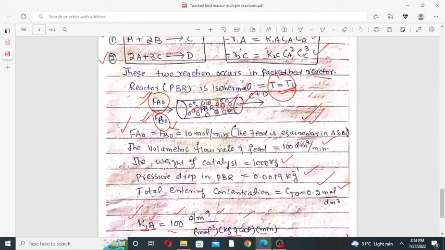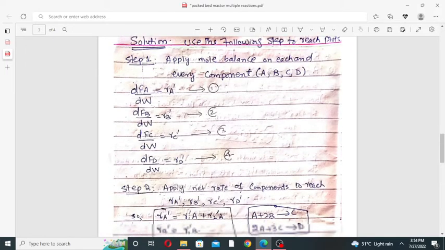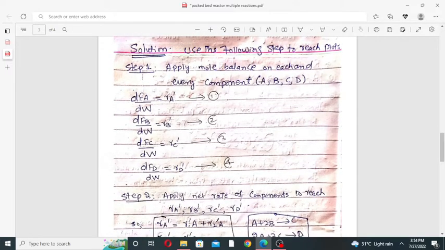There are various steps to solve this question. The solution: use the following steps to reach the plots. We will use these steps to plot FA, FB, FC, FD and the selectivity in the packed bed reactor.